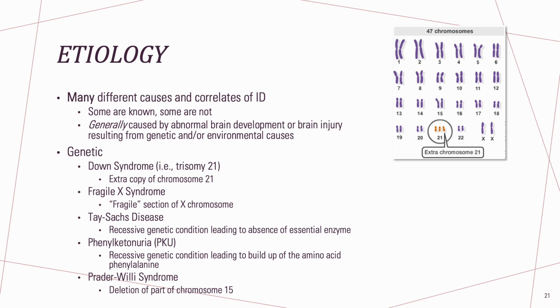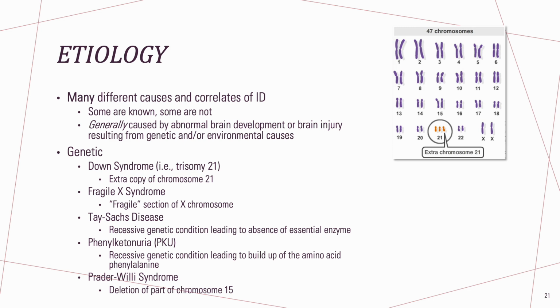So that includes things like Down syndrome, Fragile X syndrome, Tay-Sachs disease, phenylketonuria, and Prader-Willi syndrome. So again, with each one of these syndromes, they each tend to be associated with a particular physical, cognitive, and behavioral phenotype that we see with intellectual disabilities.